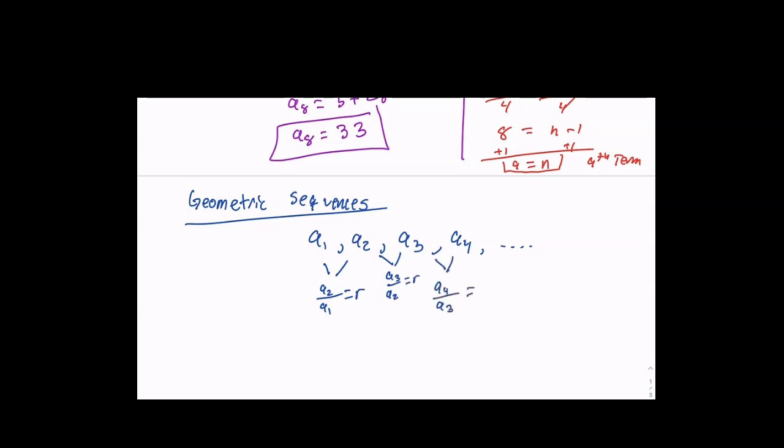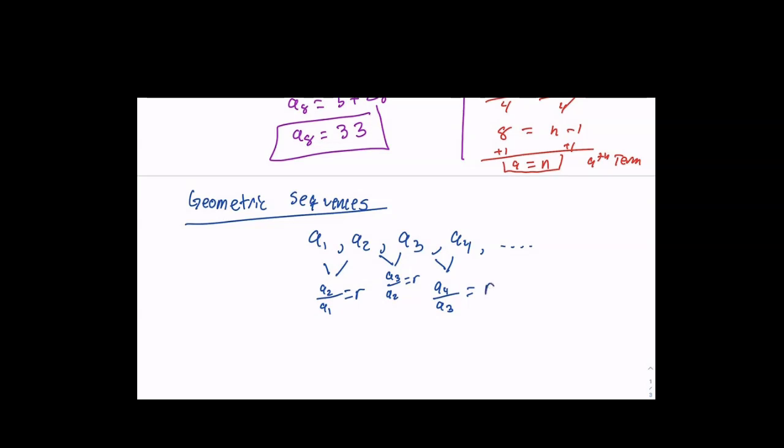Now, if I tell you it's geometric, you don't have to do it all 3 times or however many times there are. You don't have to divide every single time. You really just have to take any term and divide it by its previous. If you're trying to determine if it's arithmetic or geometric or neither, you have to check every one. So when you're trying to determine what type of sequence it is, you do have to check every term. But if I tell you it's geometric, you know that there's just an r.